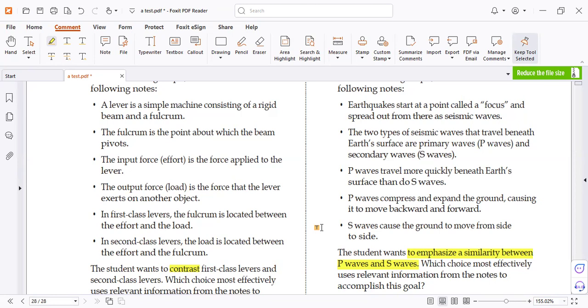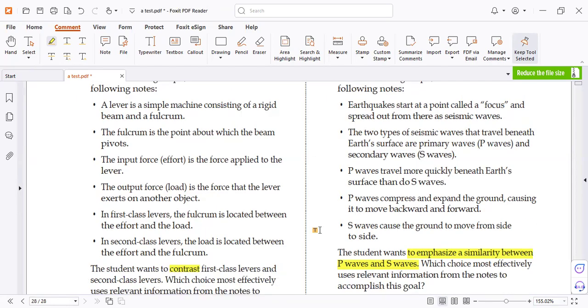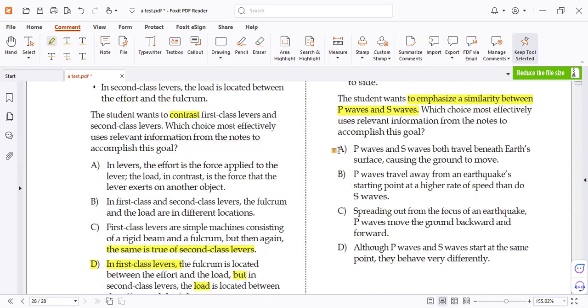After revision, letter A, correct. To help yourself, Alhamdulillah, if you found a similarity, you must find something like both.